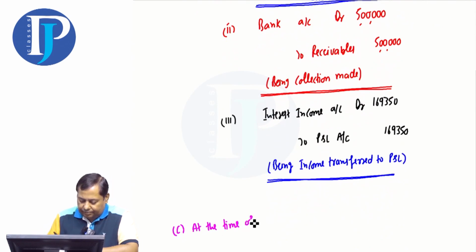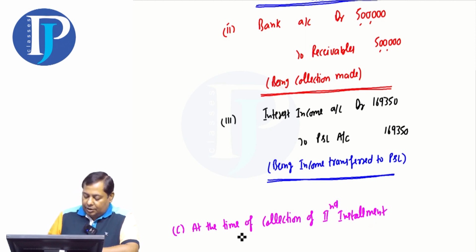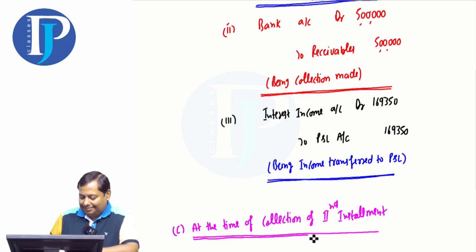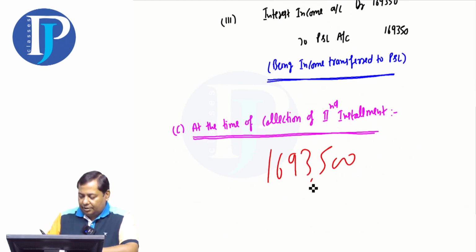At the time of collection of second installment, you need to do a little calculation here. How? We booked 16,93,500 rupees.